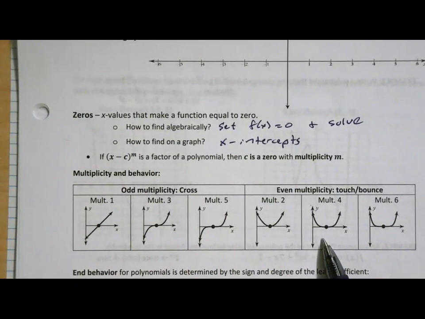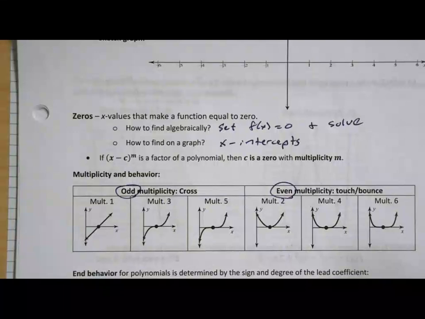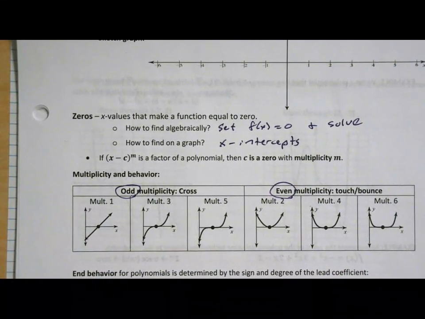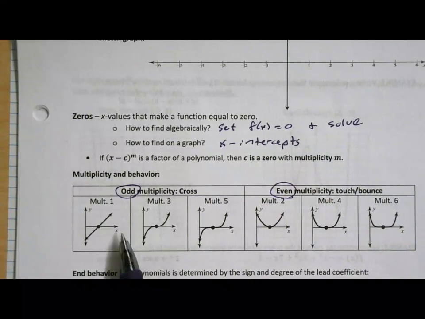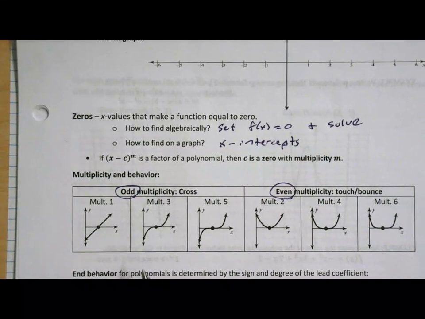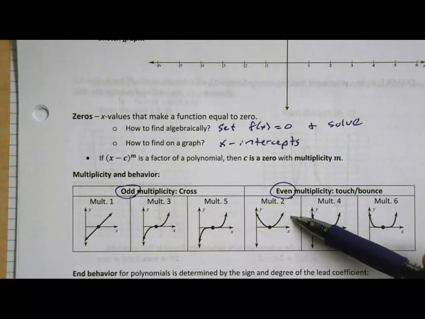And the way we can tell is by looking at the multiplicity, whether the multiplicity is even or odd. So when we see a factor that has an odd exponent, that means that 0 has an odd multiplicity. We know that at that x-intercept, our graph is going to be crossing over from one side of the x-axis to the other. If it's an even multiplicity, we know that it's going to be bouncing off the x-axis.